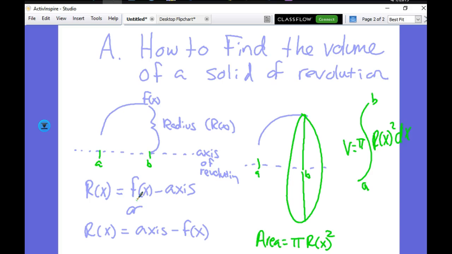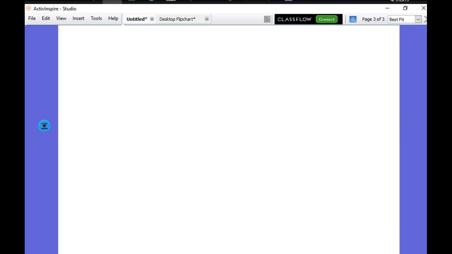So if it was with respect to y, where the axis of revolution is different, what you could do is I'll draw you guys a picture of one. So here, let's say I had this. Then this would have to be some function of y. My radius is the distance from here to here, right?